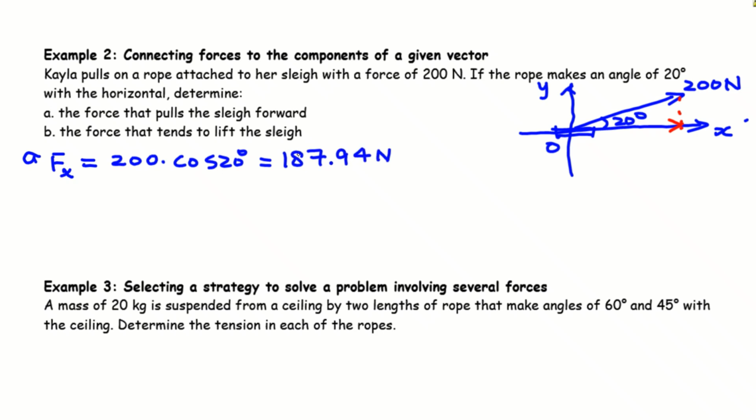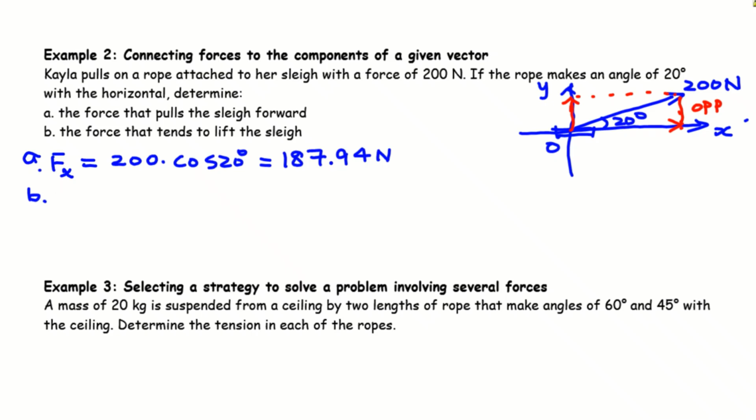Newton. And for B, the force that tends to lift the sleigh will be the force that is in the y direction, and is equal to this opposite side. So opposite over hypotenuse equals sine 20. So opposite equals hypotenuse times sine 20.